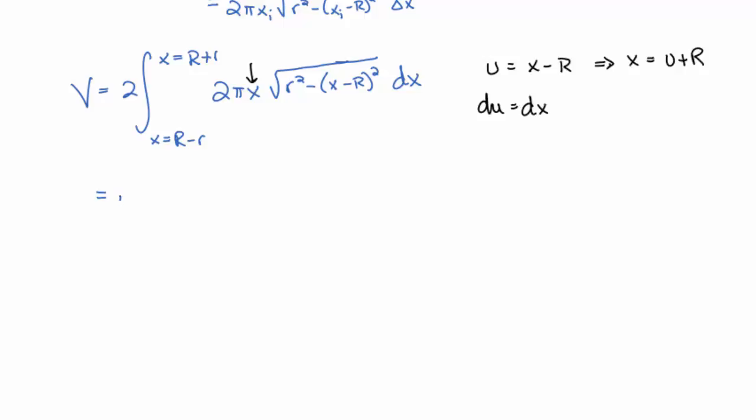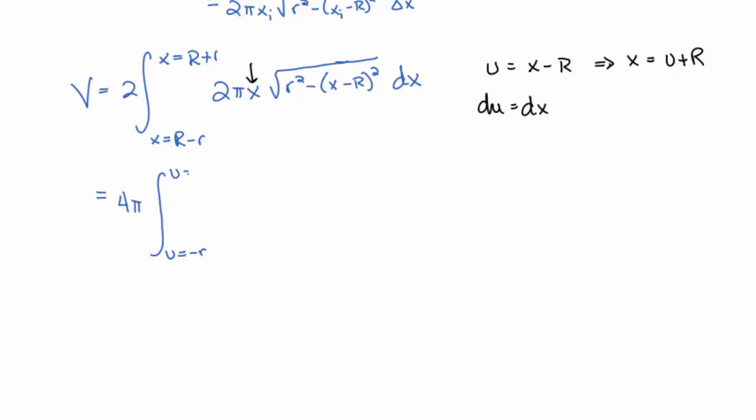I'm going to factor out that 2 pi. I get a 4 pi out front. And you integrate. Now remember, x was going from capital R minus r to capital R plus r. Well, if x is capital R minus r, then u is equal to capital R minus capital R, or in other words, negative little r.